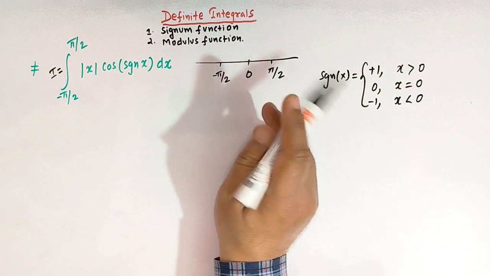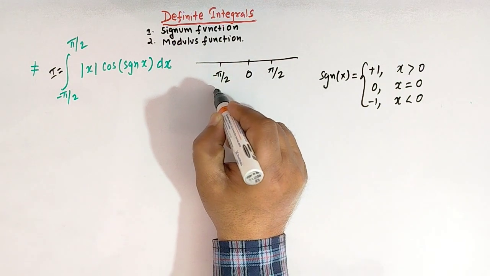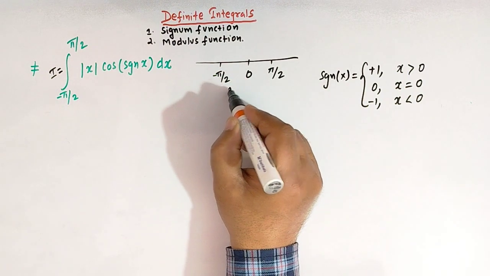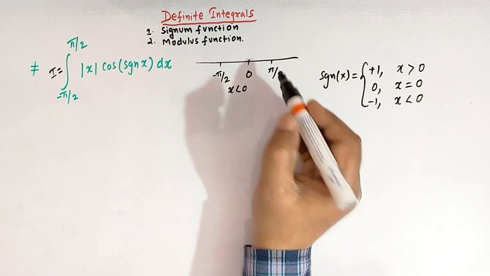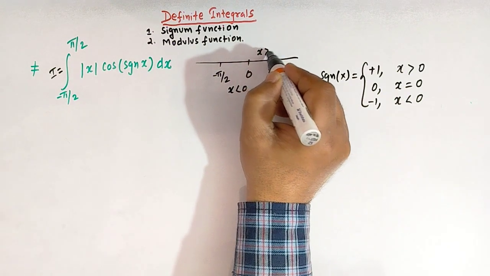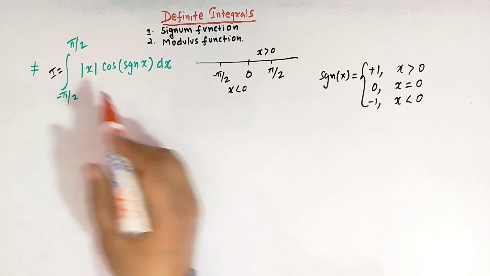So from this picture we can easily see that when we go from minus pi by 2 to 0, here x is less than 0, and when we go from 0 to pi by 2, x is obviously greater than 0, right?